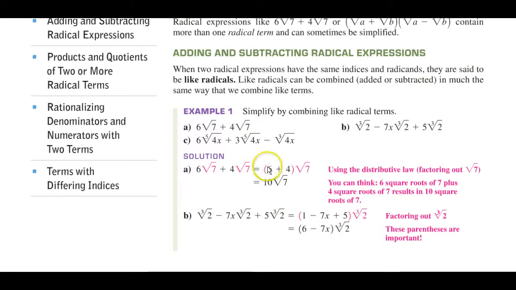In B, as we look at it, we have a radical 2, a radical 2, a radical 2 to the third root. So again, we just deal with the numerical coefficients. Here there's a 1. There's a negative 7.